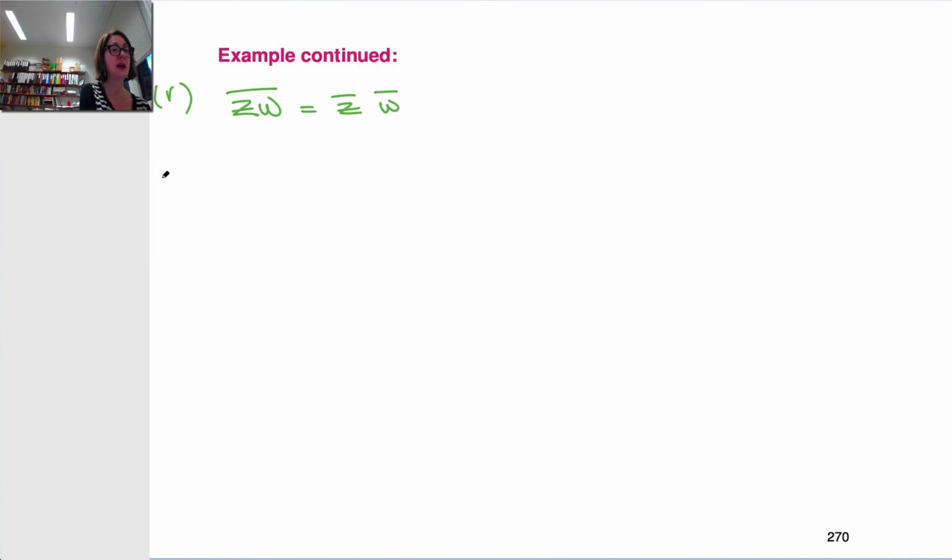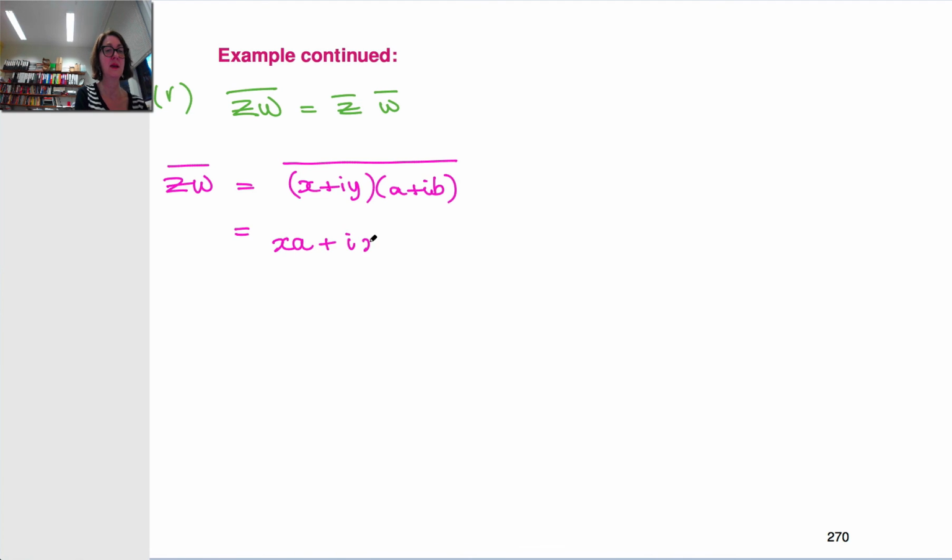Okay, so let's start with this one, the conjugate of zw. So this is x plus iy times a plus ib, and then I'm taking the conjugate. So I have to do the multiplication first. So this is going to be x times a plus i x times b plus i y times a plus i squared y b.